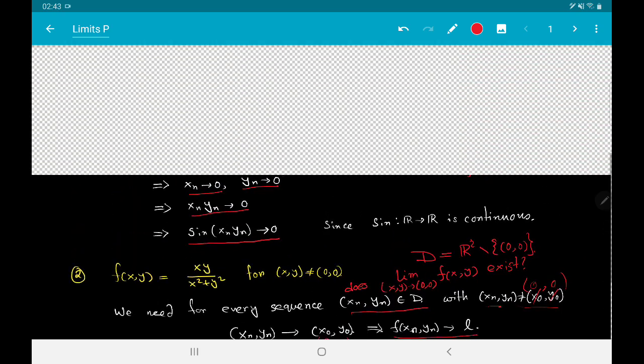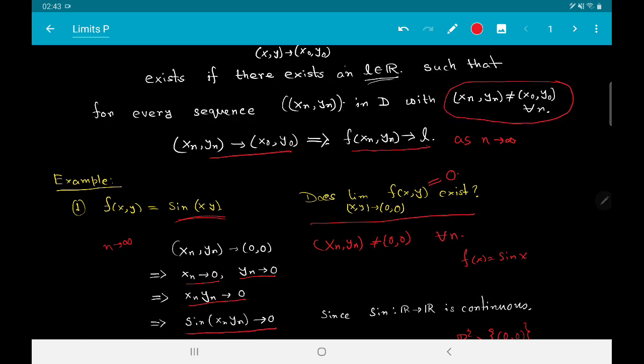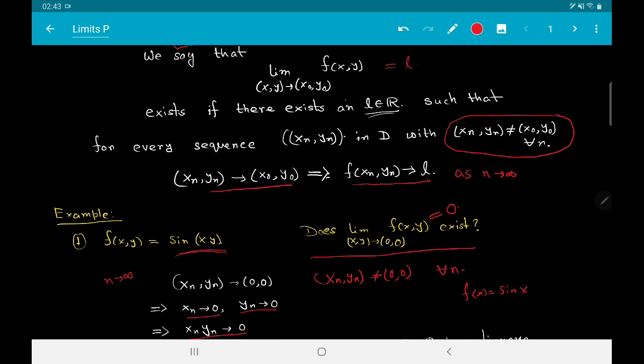But in order for this limit to hold, we must have that this L should work for all possible sequences (xn, yn) satisfying the necessary conditions.